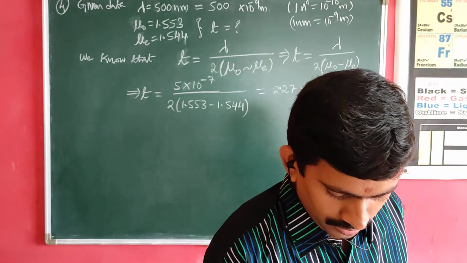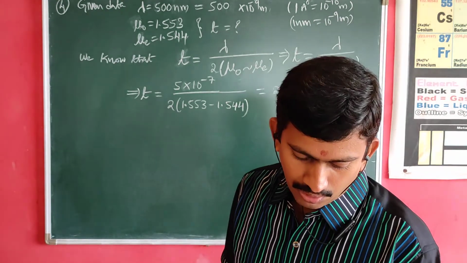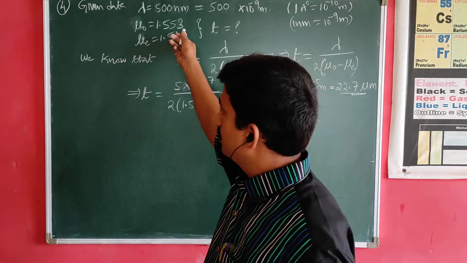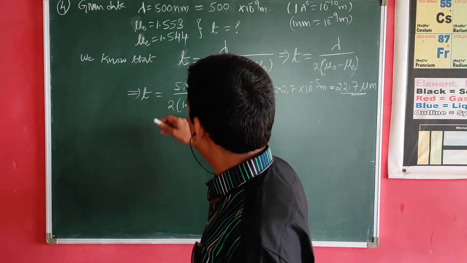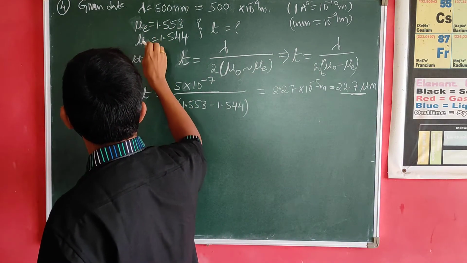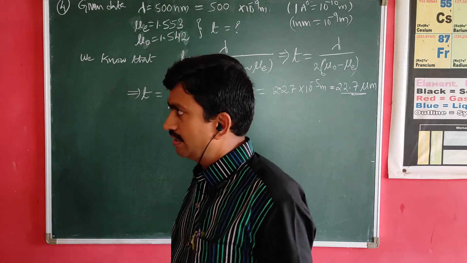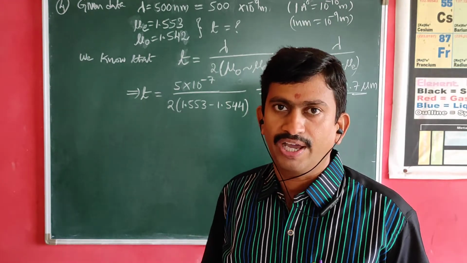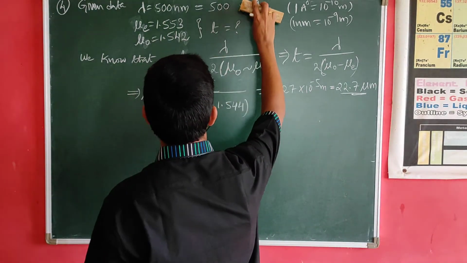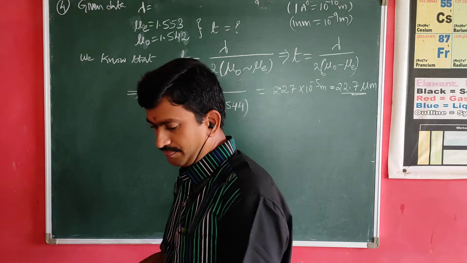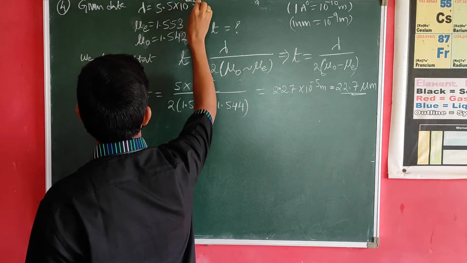For quartz, the given data is mu O is equal to 1.553 and mu E is equal to 1.542, and the wavelength is given as 5.5 into 10 power minus 5 centimeter.